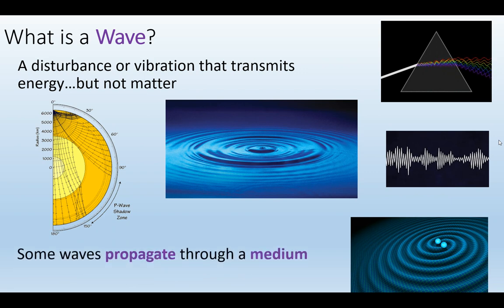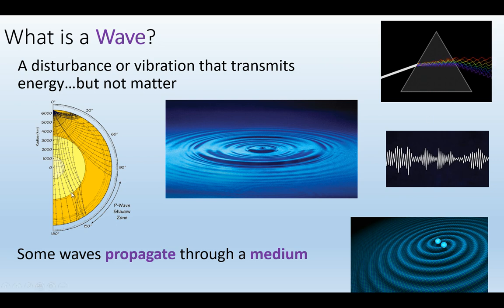Some waves need to have a medium to move through. What that means is there has to be some type of matter. For a water wave, for example, the medium is the water. When we disturb that water, we can see the energy moving through it. And that is what we mean when we say that the wave propagates through a medium, right? That energy moves through the water, and you have to have water in order for that to happen.